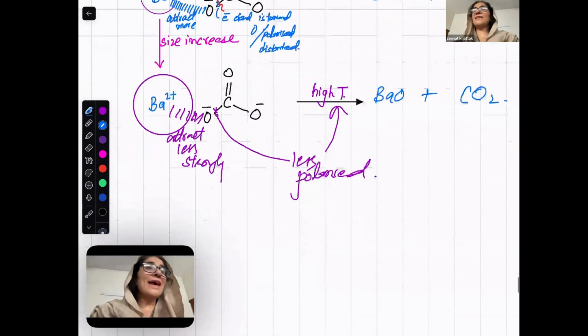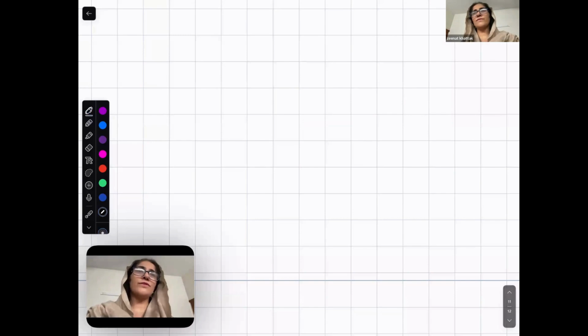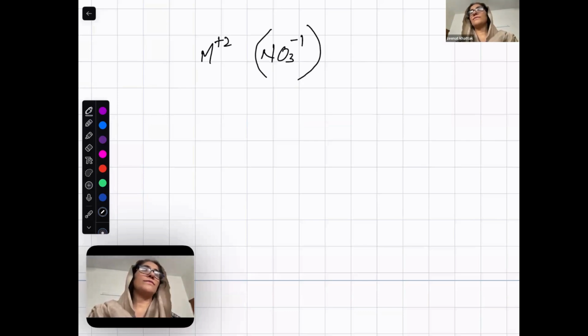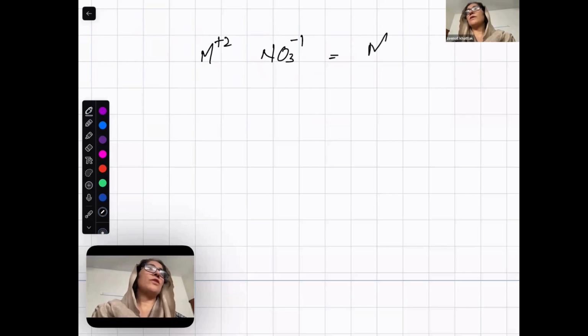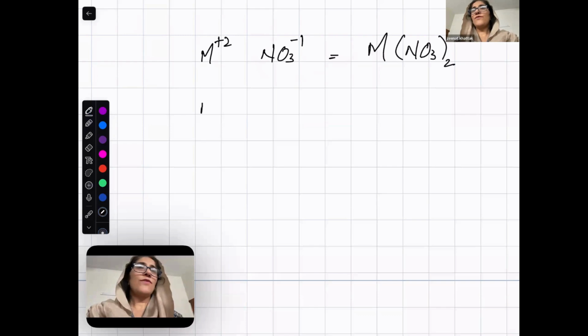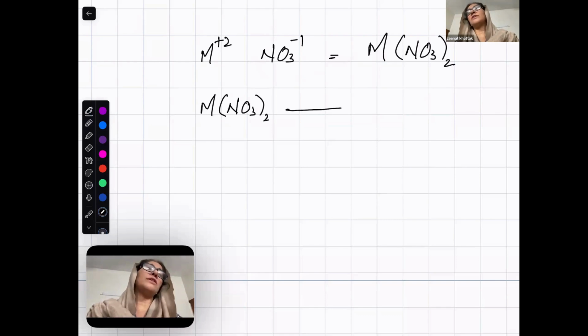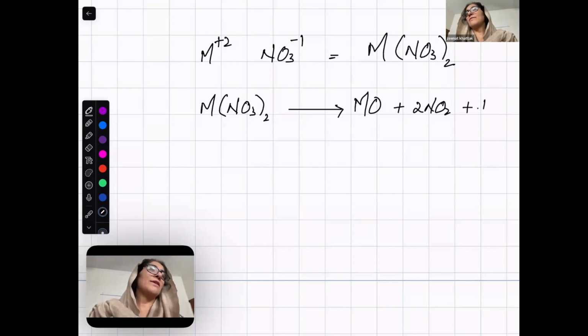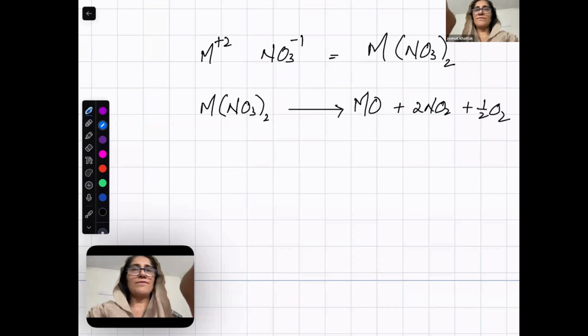And exactly the same situation is in nitrates. How? First thing, the metal of group 2 is plus 2, the nitrate is minus. So what is the formula? M(NO3)2, a white solid. So if you are heating group 2 nitrate, which is a white solid, it will decompose into metal oxide plus 2NO2, brown gas, plus half O2, colorless gas.